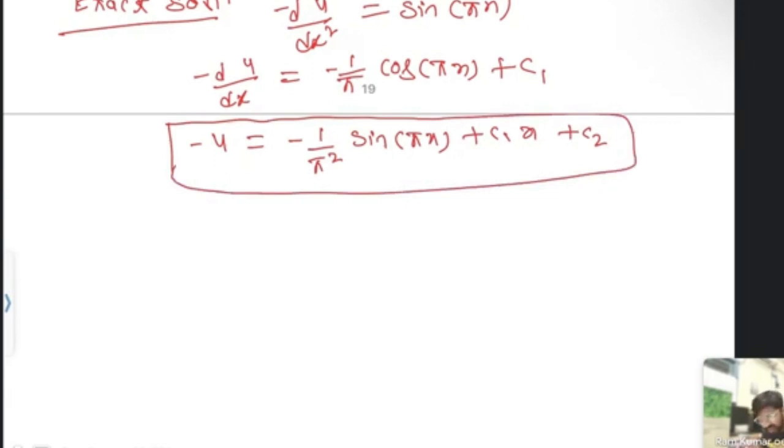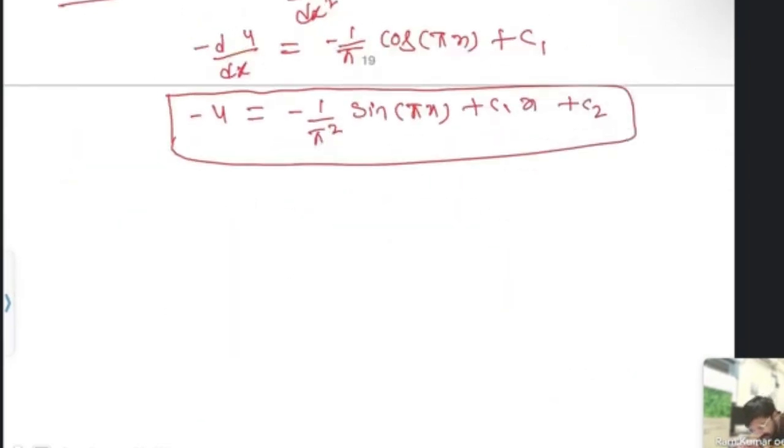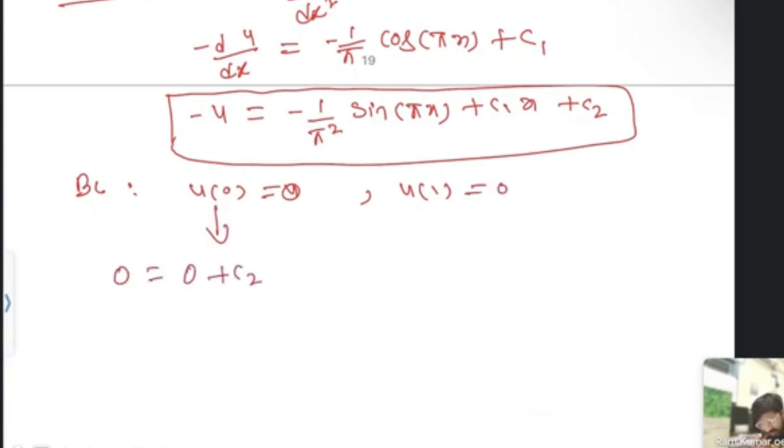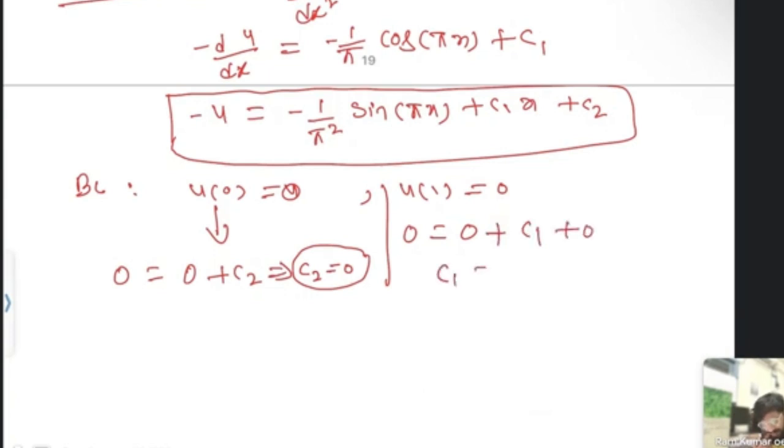And we have the two boundary conditions: at 0 equal to 0 and at 1 again equal to 0. If I use the first one, then we get 0 equal to 0 plus C2, which means C2 equal to 0. From the second boundary condition, we get 0 equal to 0 plus C1 plus 0, so C1 will be 0.